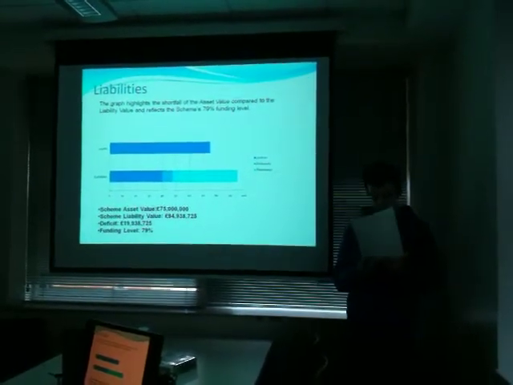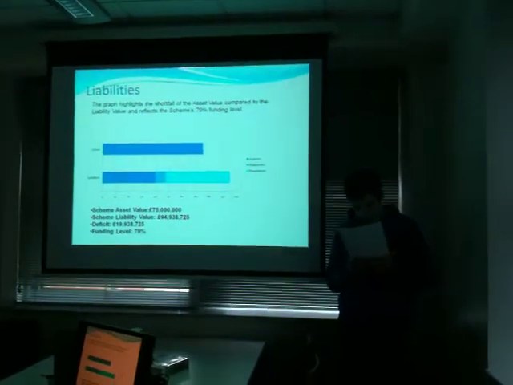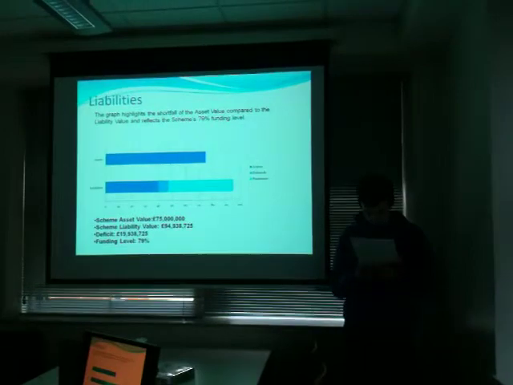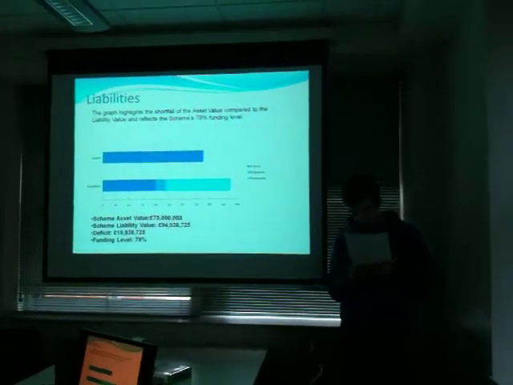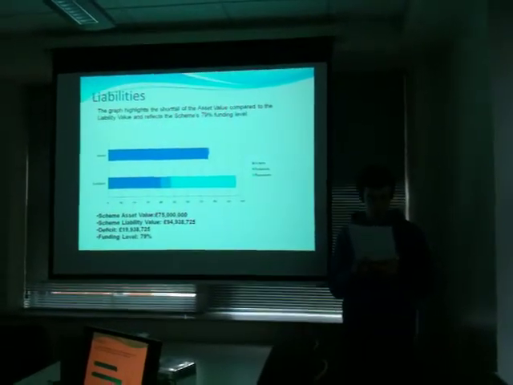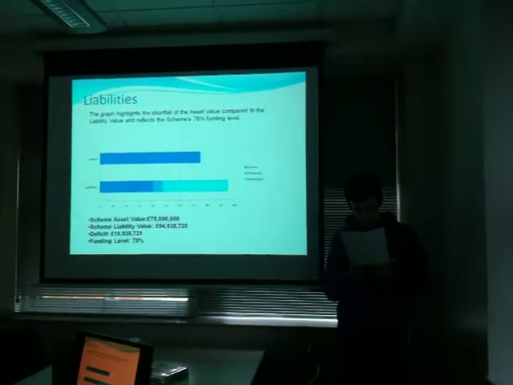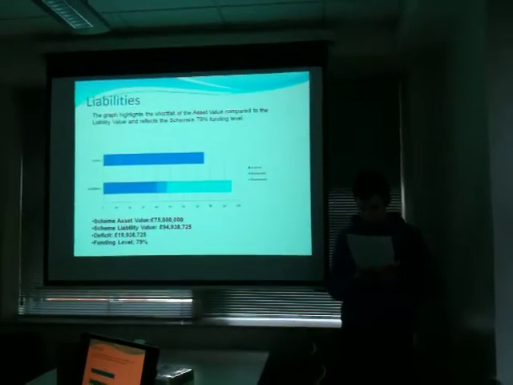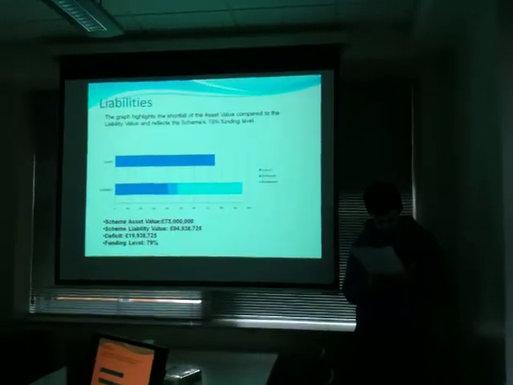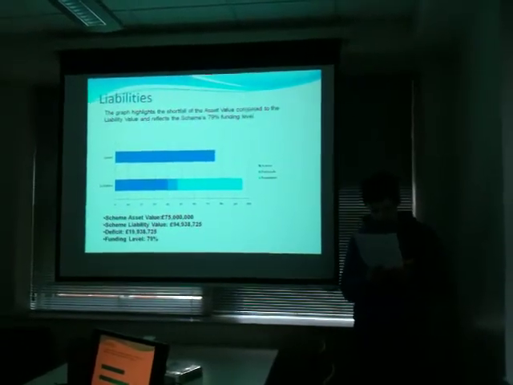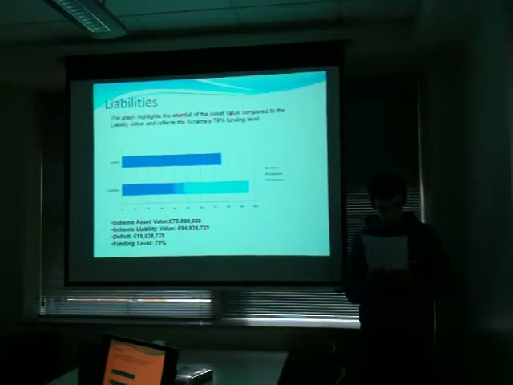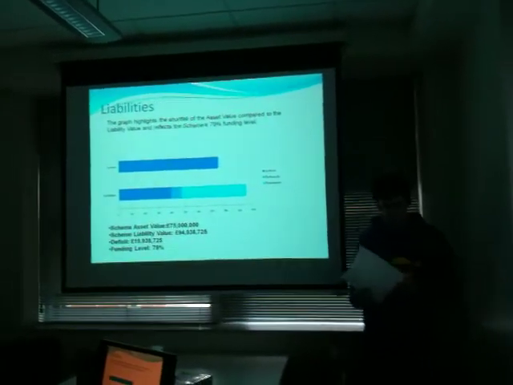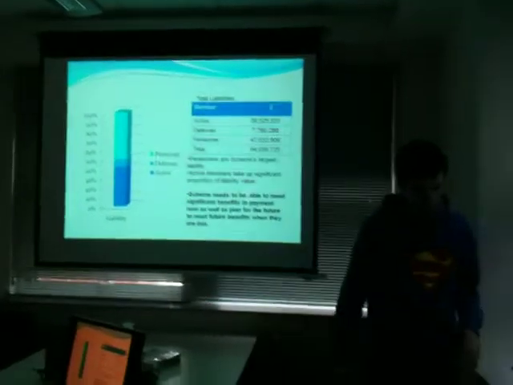Therefore, the total liabilities equal £94,938,725, and with the scheme's assets being equal to £75 million, this leads to an overall deficit of £19,938,725. As a result, the level of asset funding relative to the liabilities of the scheme is equal to 79% as at the 5th of April 2010.